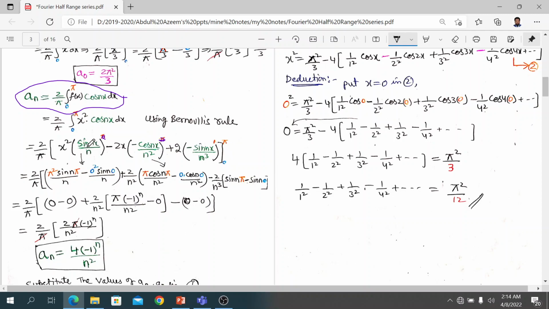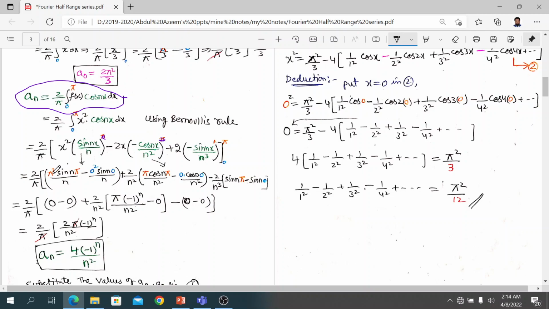Now upper limit minus lower limit for these three terms separately. For the first: pi square sine n pi by n minus 0 square sine n 0 by n, minus into minus, plus 2 by n square. Here x cos nx: pi cos n pi by n square minus 0 into cos n into 0 by n square, minus plus minus 2 by n cube, sine n pi minus sine n 0.